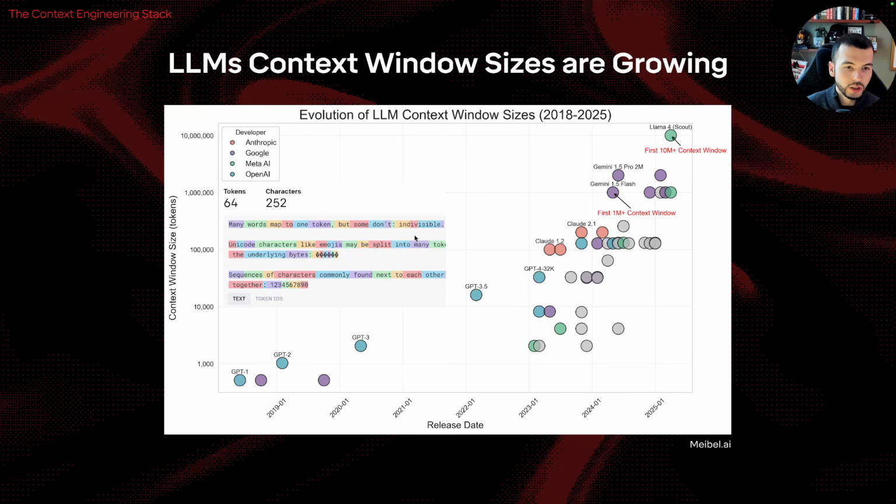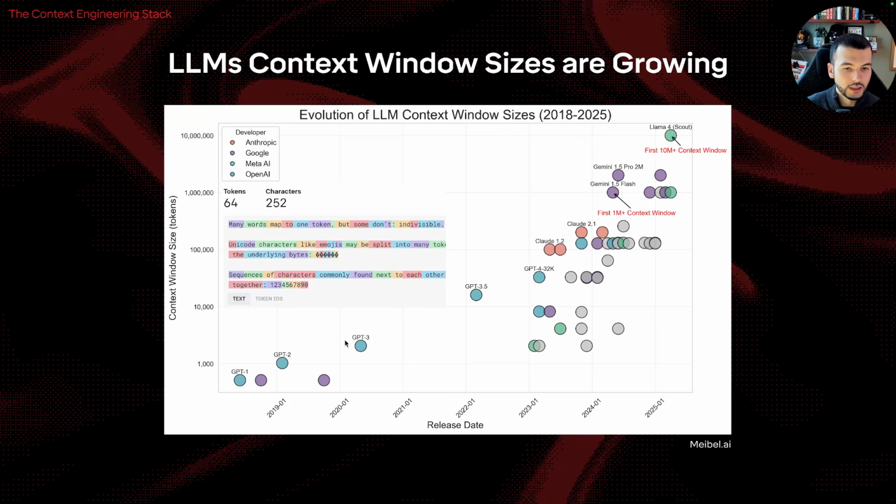Tokens can be a word, sometimes part of a word, but basically, when GPT-3 came out, for example, it had a context window of about 4,096 tokens. That means you can fit roughly 16,000 words, something like that.